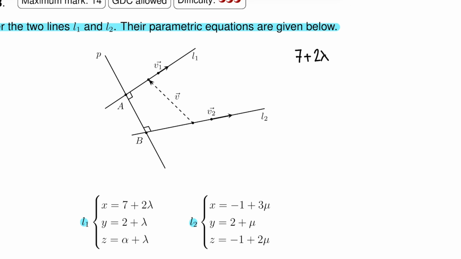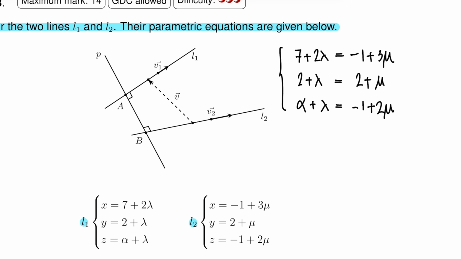Therefore, wherever they intersect, 7 plus 2 lambda will be equal to negative 1 plus 3 mu, and also 2 plus lambda will be equal to 2 plus mu, and also alpha plus lambda will be equal to negative 1 plus 2 mu. Now, the easiest way to solve this system is to start with this equation number 2.